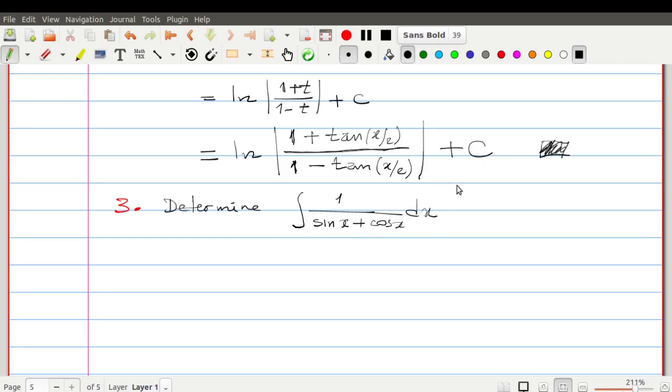Of course, we are going to use the t formula.